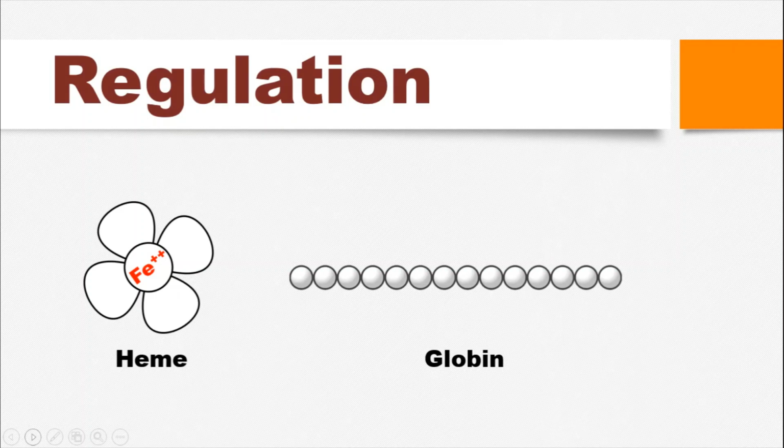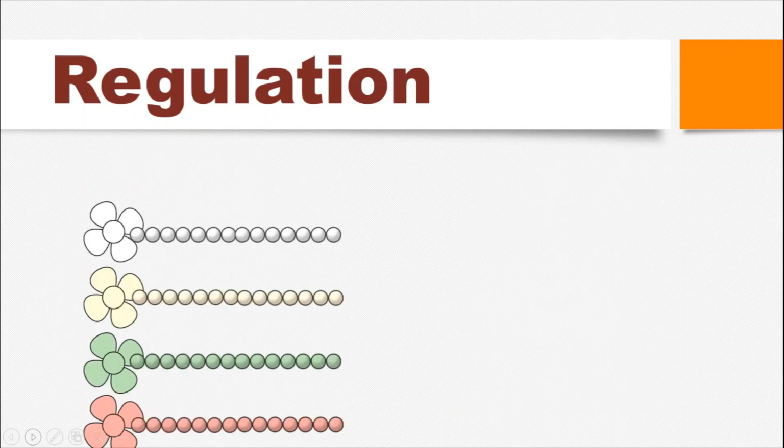So this pathway is tightly regulated to prevent excessive heme production and excessive catabolism. See, this is a heme molecule, this is a globin molecule. Now 4 heme and 4 globin combine to form a hemoglobin molecule. You can see in the next slide that 4 heme and 4 globin.